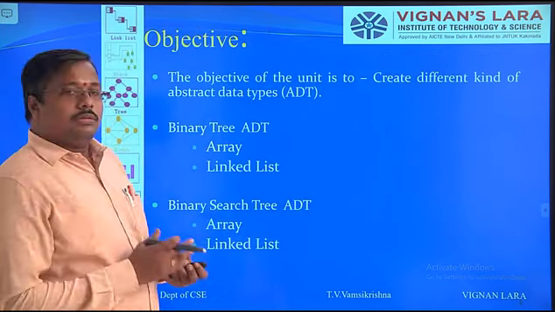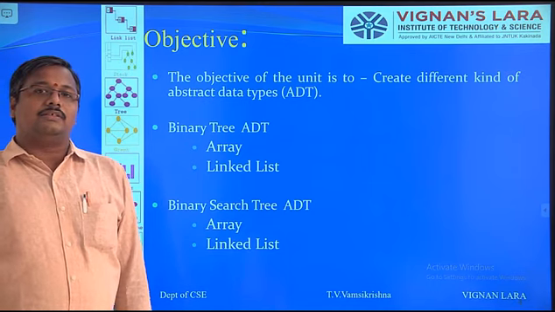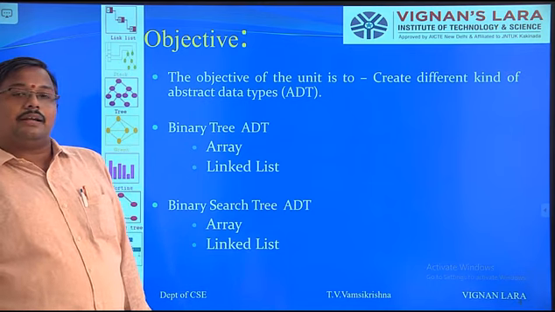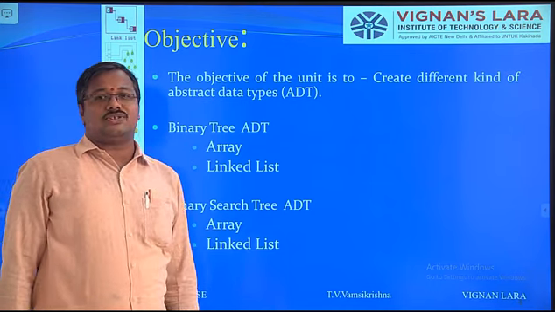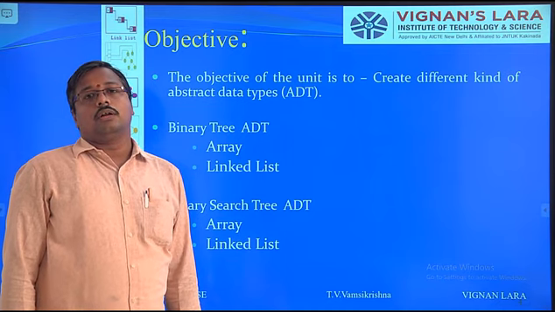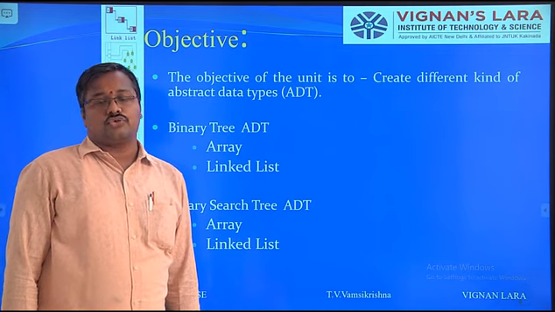What are the primary objectives of this unit? We know that in the previous 3 units we created abstract data types. In this unit also we want to create abstract data types for binary tree and binary search tree.